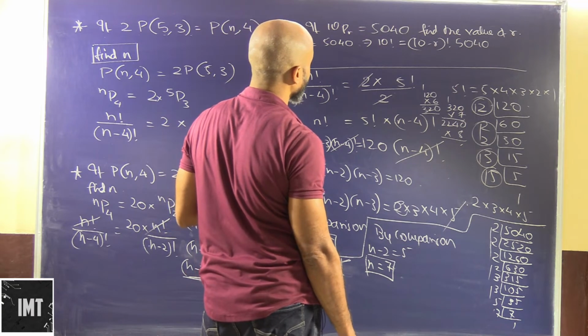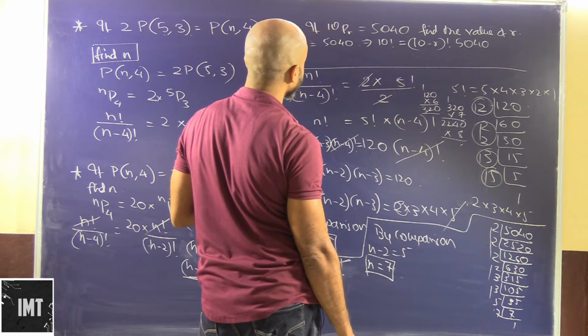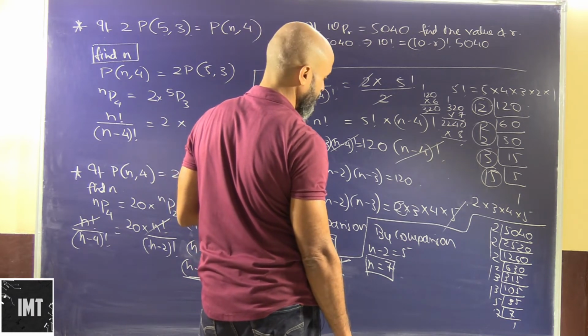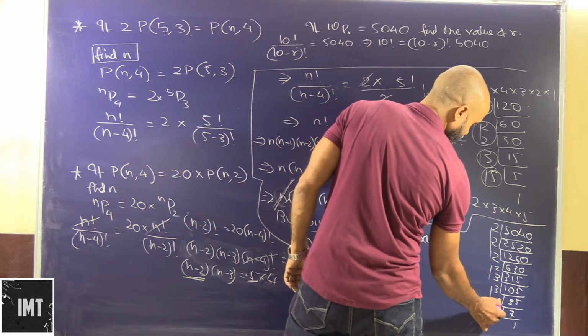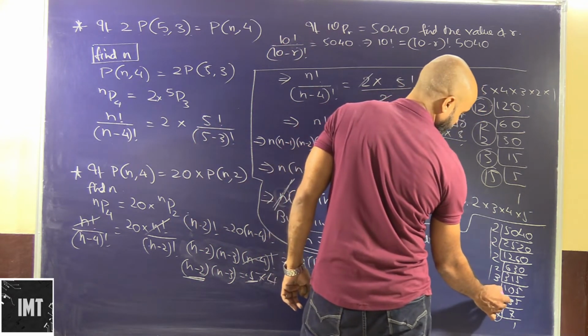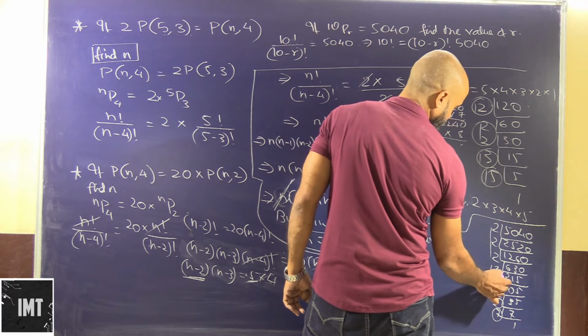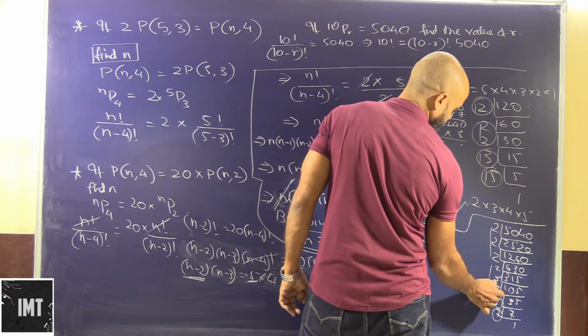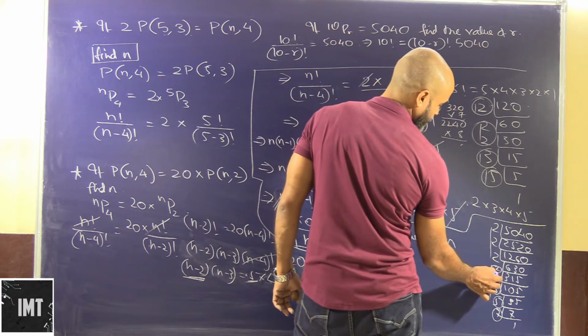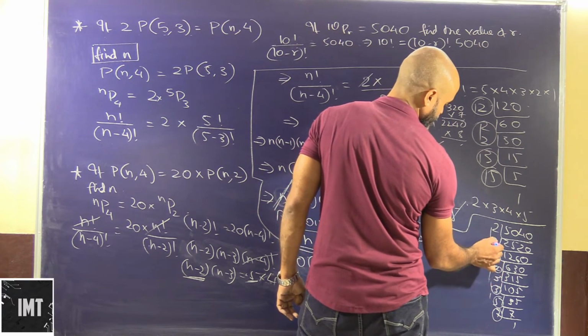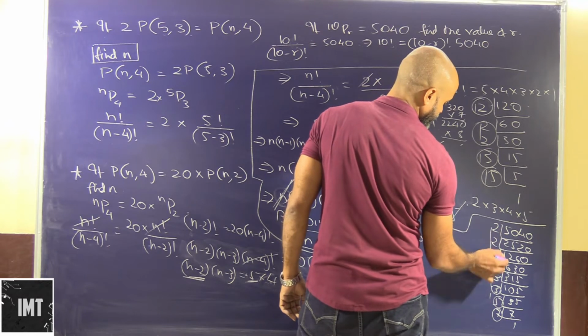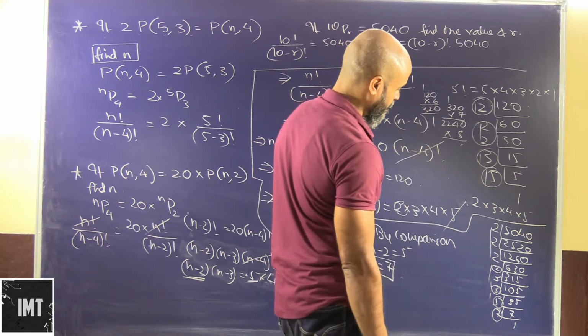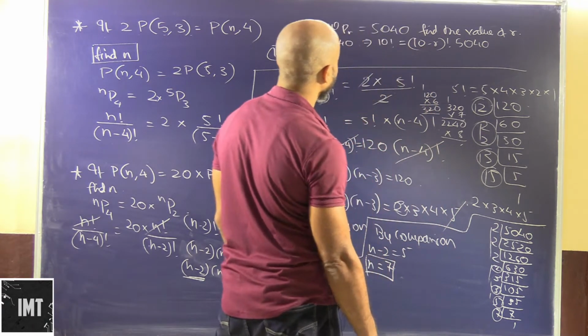How can we do this? So we have here 7, we have here 5, we have here 6. How many numbers do we have here?